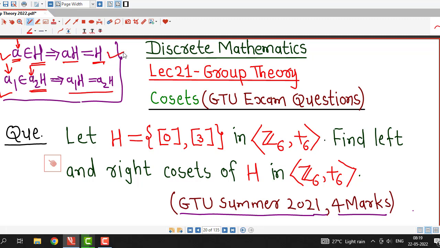So these two properties will minimize our calculation in deciding the left and right cosets. Also we know that if our group is abelian, that is commutative, then left and right cosets are always equal.